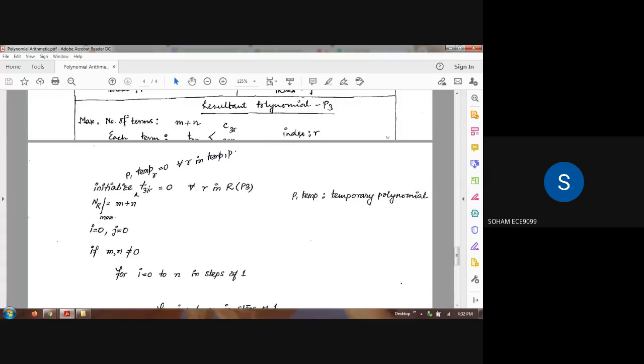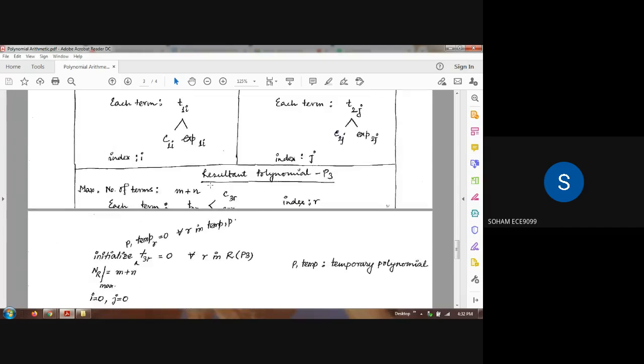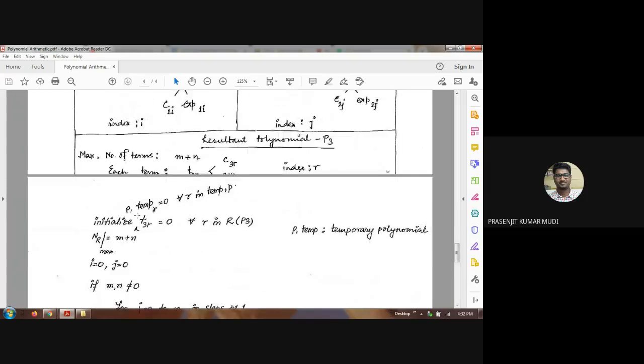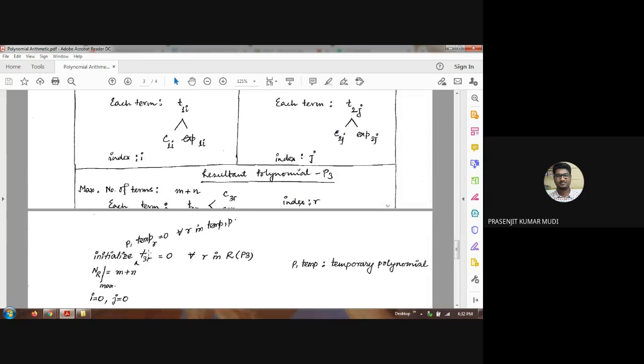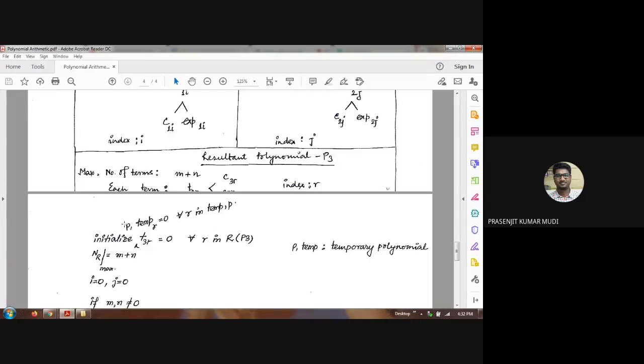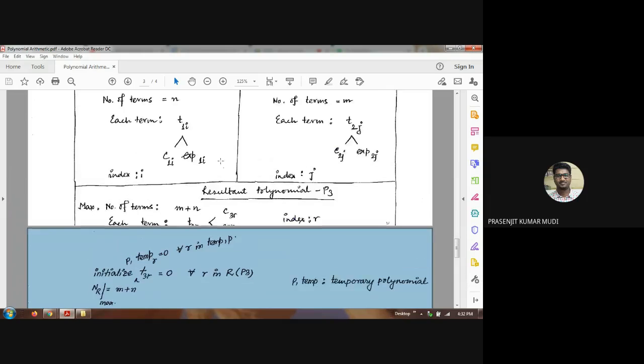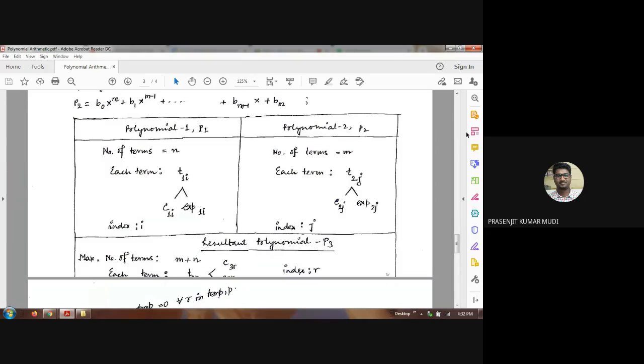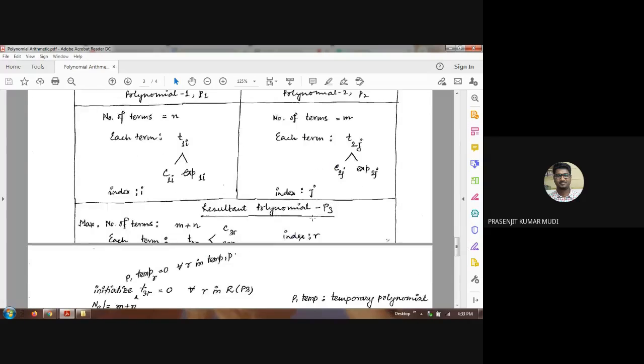আচ্ছা স্যার একটা জিনিস একটু ডাউট ছিল, হ্যাঁ স্যার, ওই যে ওই যেটাতে লিখেছে যে my mistake, T3R denotes the rth temporary polynomial. ঠিক আছে, rth temporary polynomial of third polynomial, T3R. P, temp R are temporary variables, ঠিক আছে, these are not actually P1, P2 or P3, ঠিক আছে, নোটেশনটা একটু দেখে নাও, এটা হচ্ছে P1, এটা হচ্ছে P2, a resultant polynomial is P3.